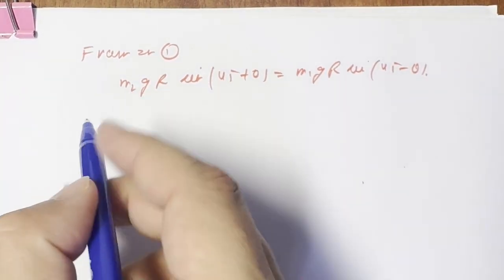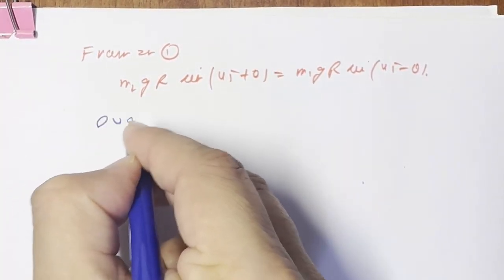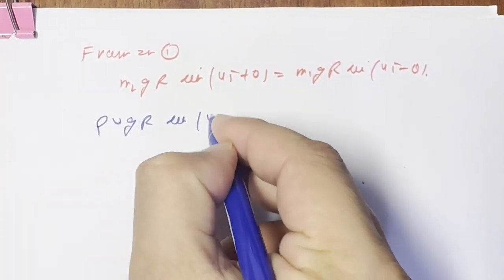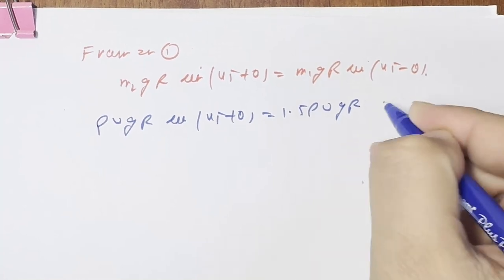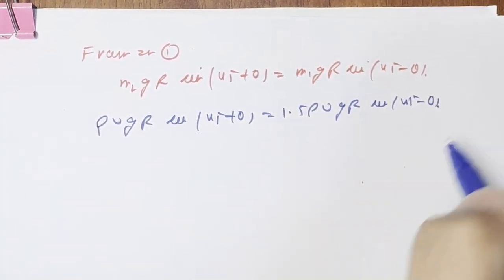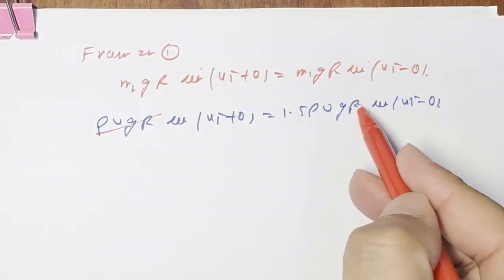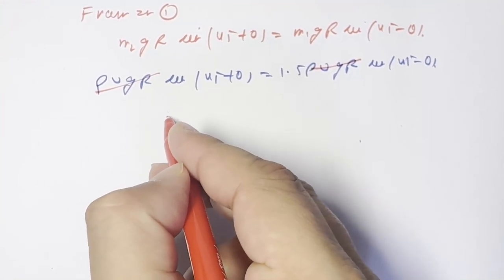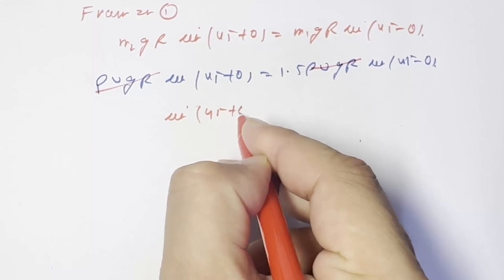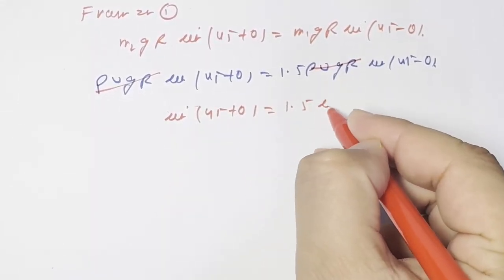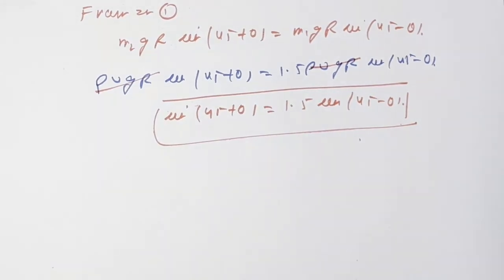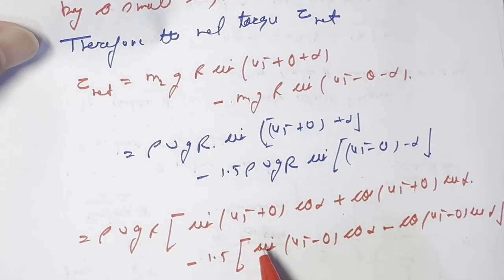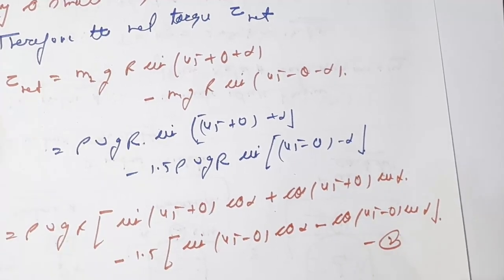We already know m2 is rho V, so rho V g r sine of 45 plus theta equals 1.5 rho V g r sine of 45 minus theta. Here rho V g r cancels out, so we get sine of 45 plus theta is equal to 1.5 sine of 45 minus theta. We are going to use this relationship and substitute in the earlier equation. Let us call this equation number 2.